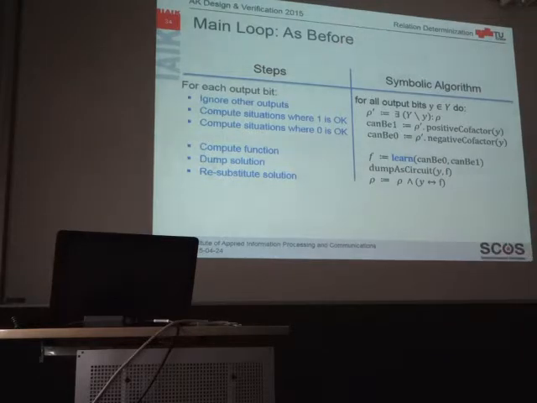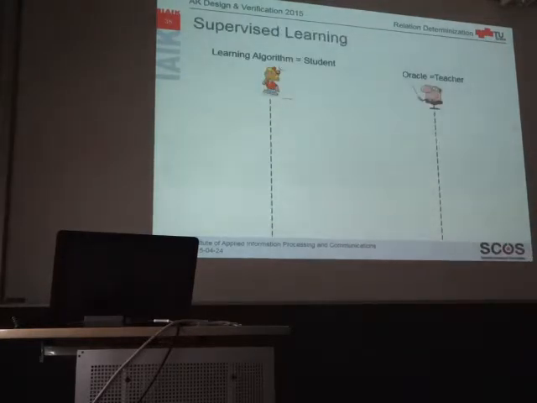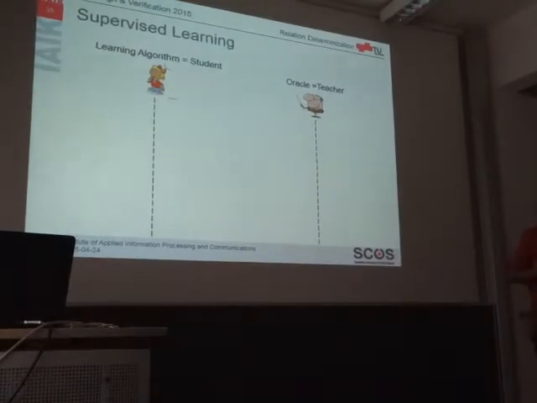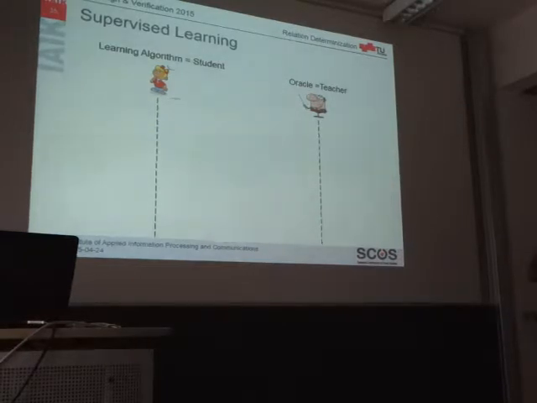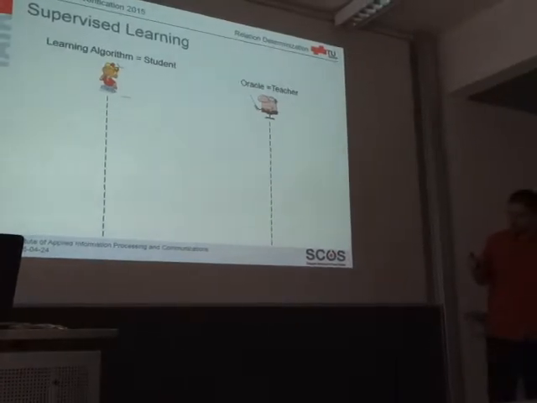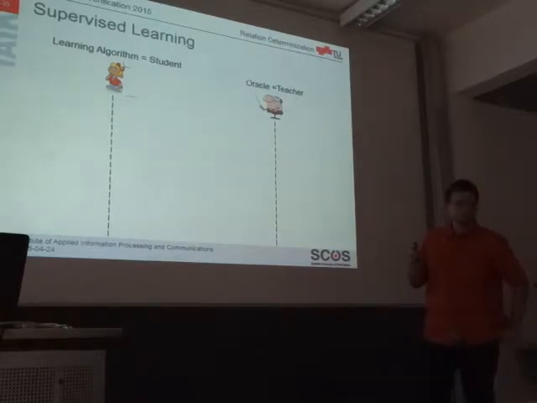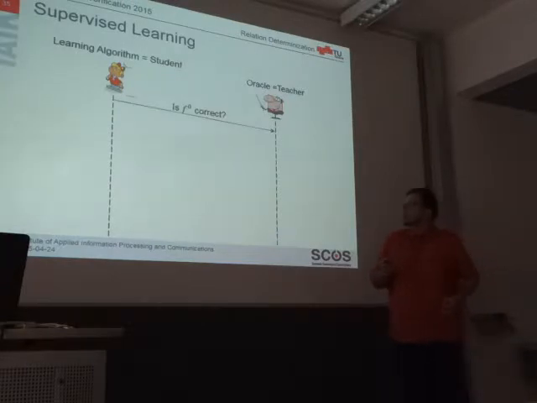Computational learning basically works in the following way. You have a learning algorithm or student, and you have an oracle called the teacher, and they interact with each other. The student can ask the teacher questions, guessing some value for the function: is this guess for the function correct?